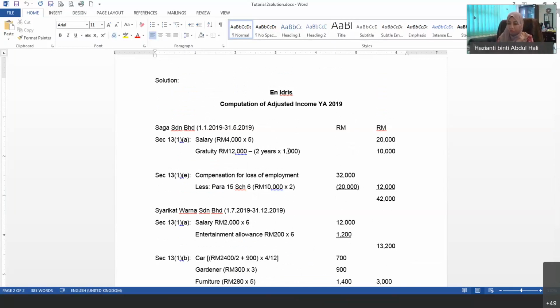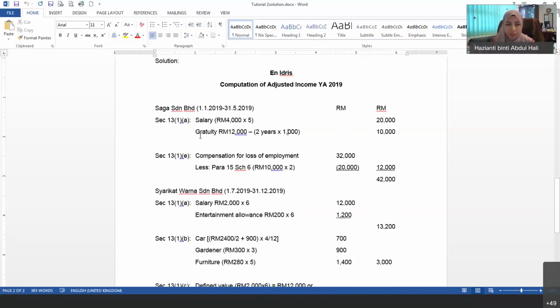Check your 31A notes, we mentioned the exemption of 1,000 per completed year. So that is salary, gratuity and compensation for loss of employment for Saga Sdn Bhd.